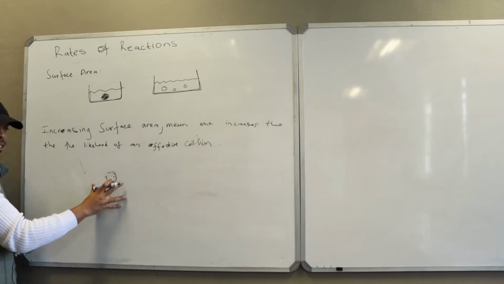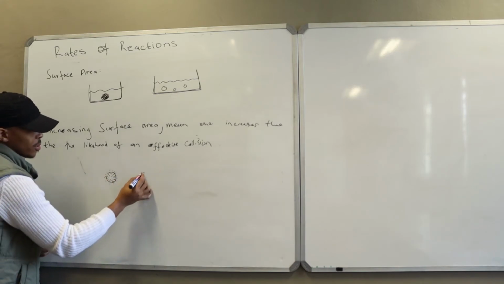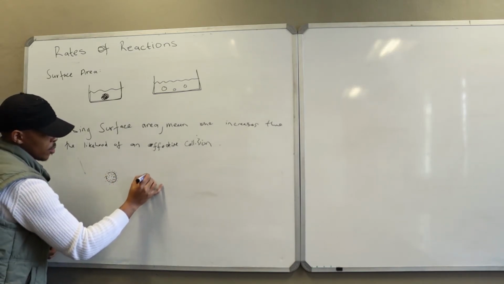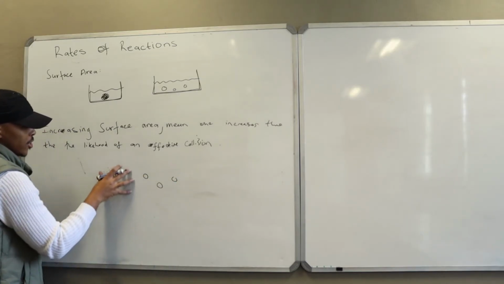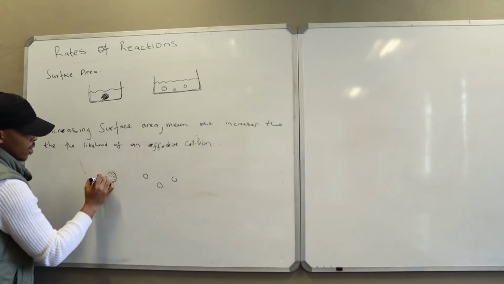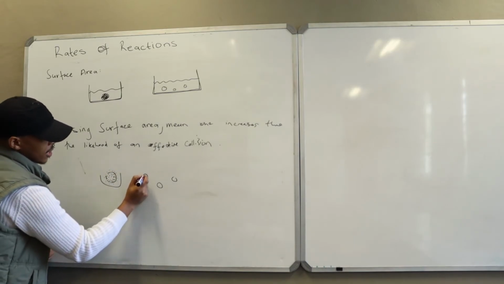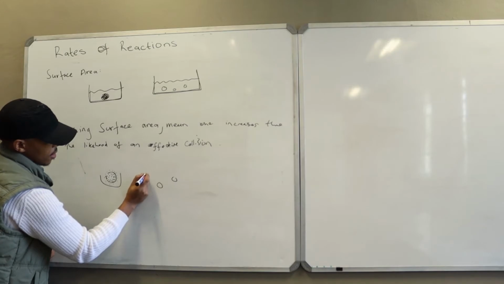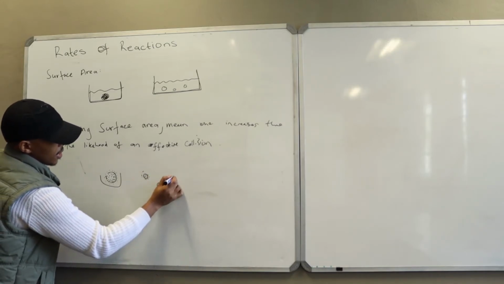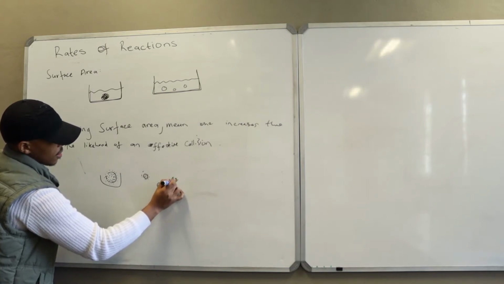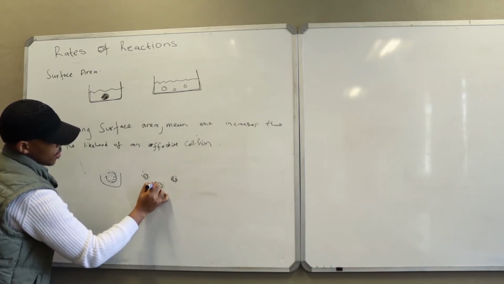When you break the solid up into multiple pieces, let's break it up into 1, 2, 3 pieces. So the reaction is not concentrated at one point. The reaction is happening there. It's happening there. It's happening there. All around there. All around there.